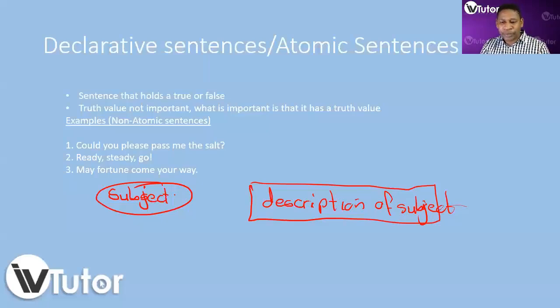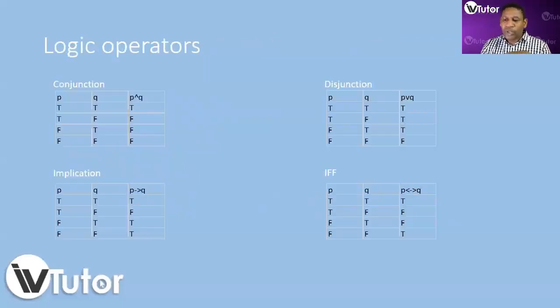Now, let us see what operators we can apply to our propositional statements. Conjunction. When we have two propositional statements or declarative sentences, it is common in English that we can join sentences using English connectors.